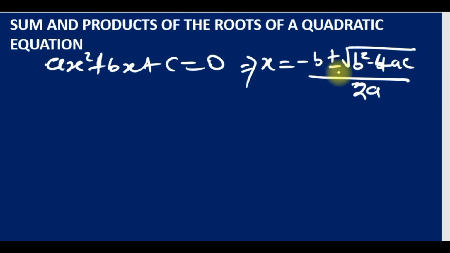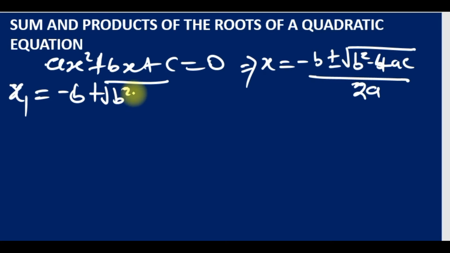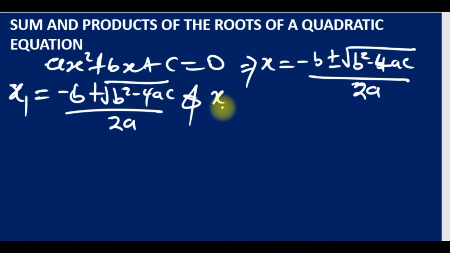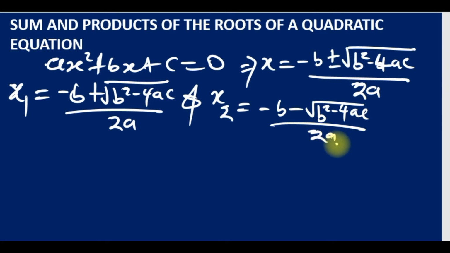This can be split into two forms. So we have two answers. That's x1, let's call it the first root, which is minus b plus the square root of b squared minus 4ac over 2a, and the second root, which is x subscript 2 equals minus b minus the square root of b squared minus 4ac over 2a.